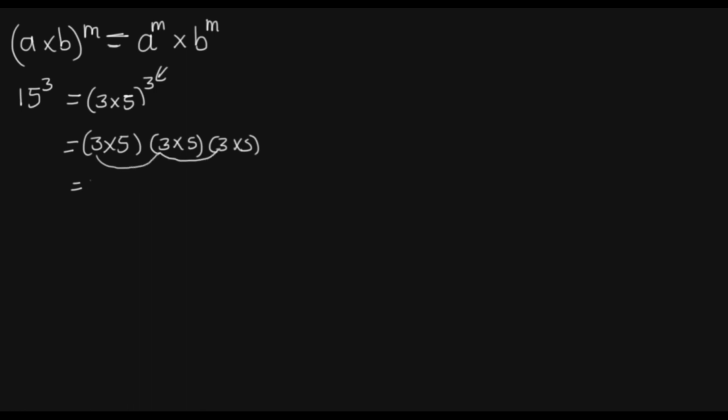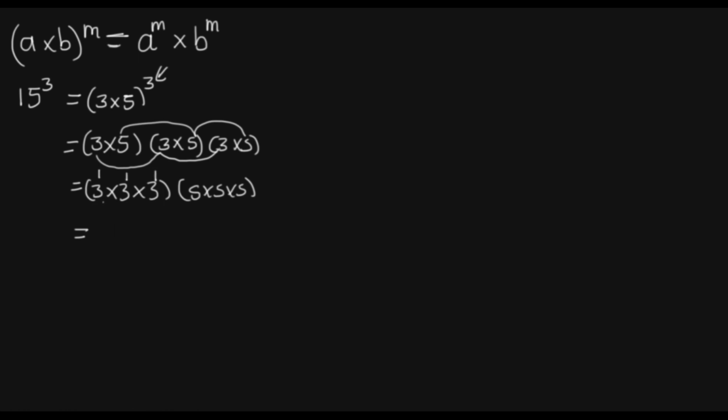So we begin with 3 times 3 times 3. Then we can get the 5's, so 5 multiplied by 5 times 5. As we can see here, we have 3 raised to the power 1, 3 raised to the power 1, 3 raised to the power 1.